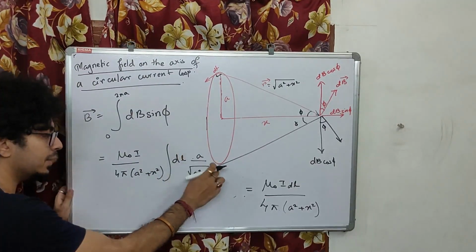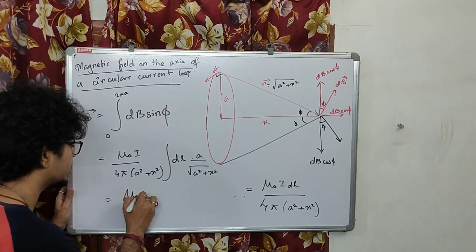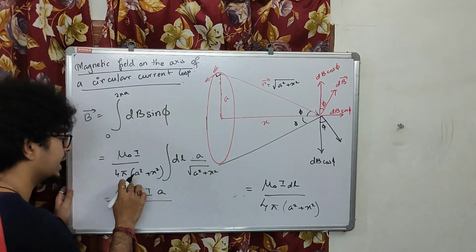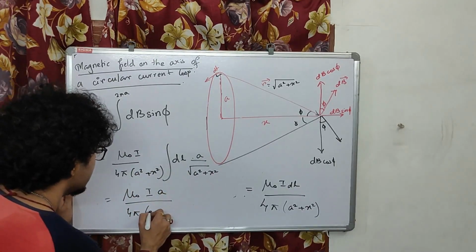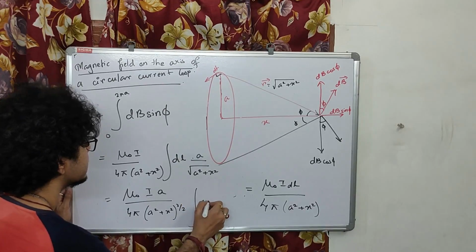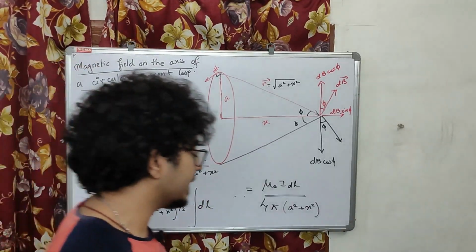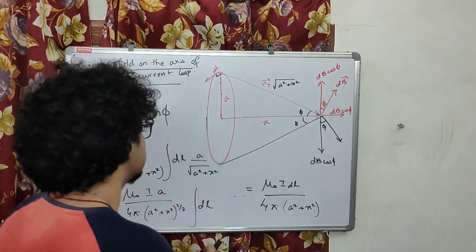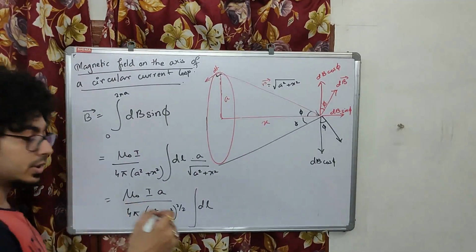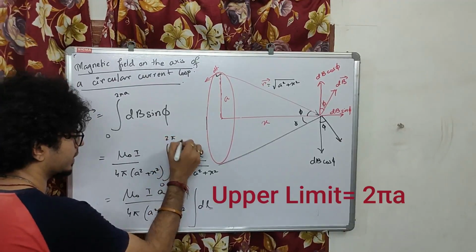So ultimately this a comes over here, and this is a constant part. So I a by 4 pi, a square plus x square to the power 3 by 2, and I have to only integrate this dl, from 0 to 2 pi a.